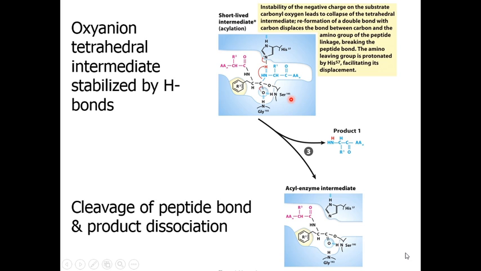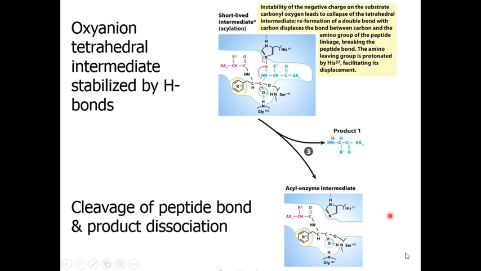And once it collapses, the peptide chain attached to the C terminus of phenylalanine leaves, and the leaving group is protonated by histidine 57, which facilitates its displacement. As a result, the enzyme is now stuck with an acyl group, and this enzyme substrate intermediate is termed an acyl enzyme intermediate.